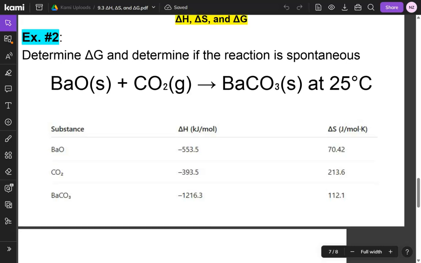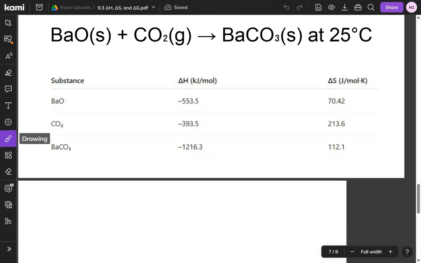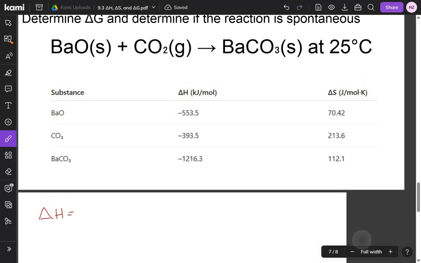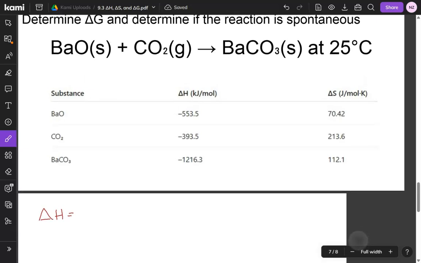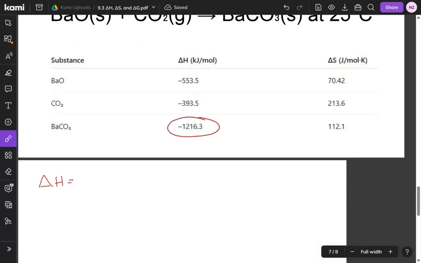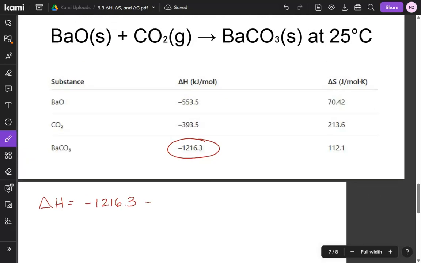So let's start with delta H, or our enthalpy. Products minus reactants. Our product is BaCO3, and that's going to be our value on the left-hand side of our equation, negative 1216.3. Products minus reactants. Here, everything has a coefficient of 1, so that makes things kind of easy.